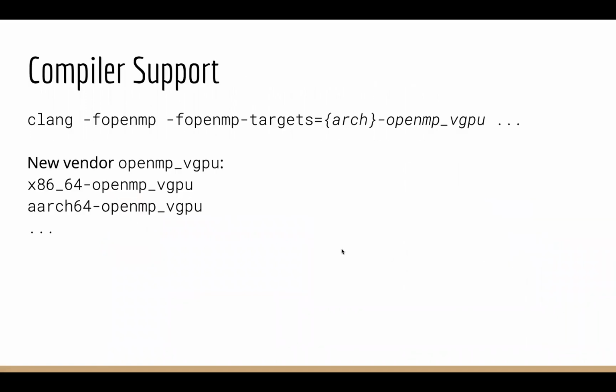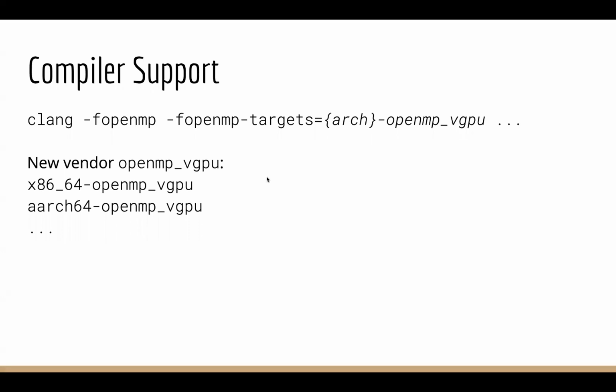The first one is about the compiler support. How can we compile the program now? We introduce a vendor called OpenMP vGPU. So now we just have to pass -fopenmp-targets with the arch corresponding to the host architecture, followed by -openmp-vgpu.